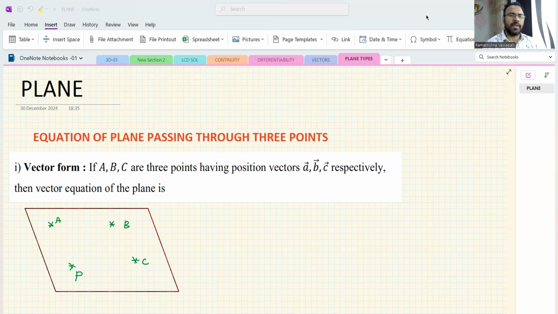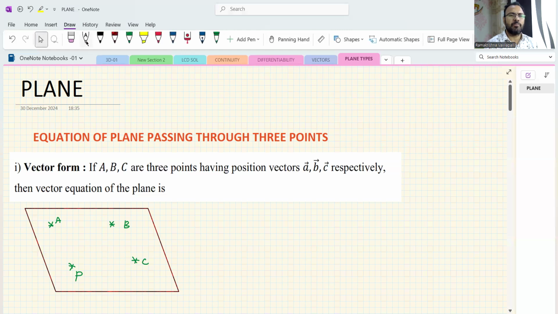So here you see the vector form of equation of plane passing through 3 points having position vectors A bar, B bar, C bar.